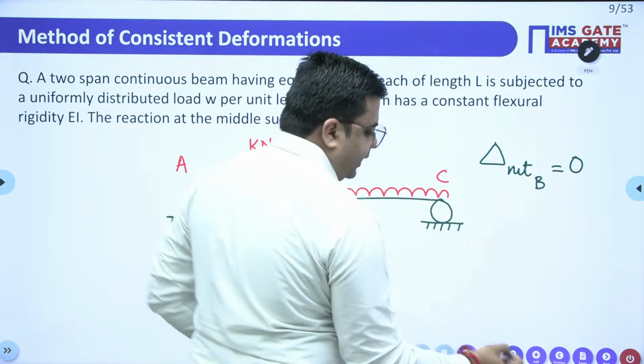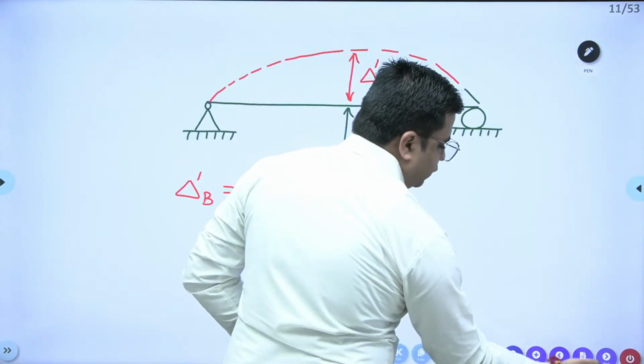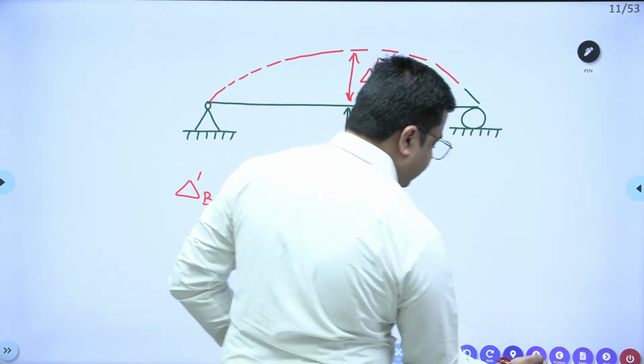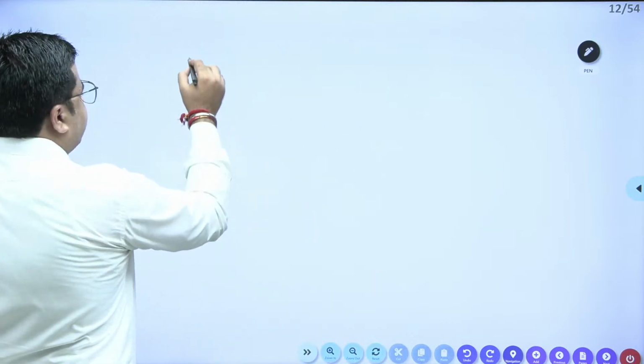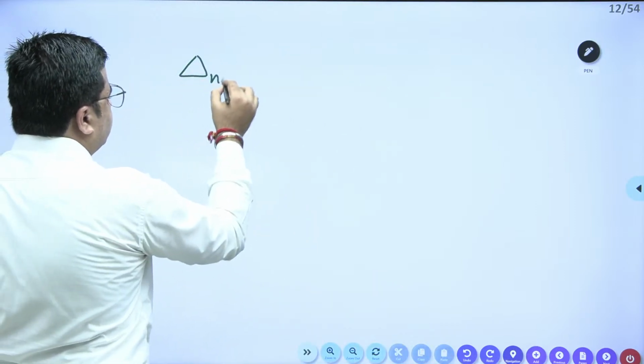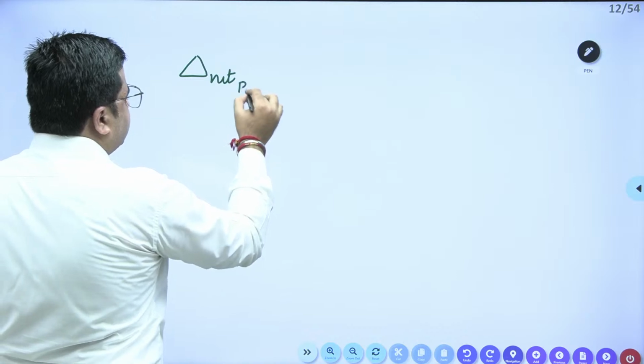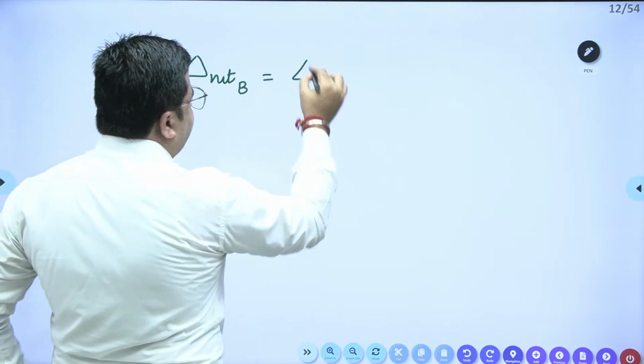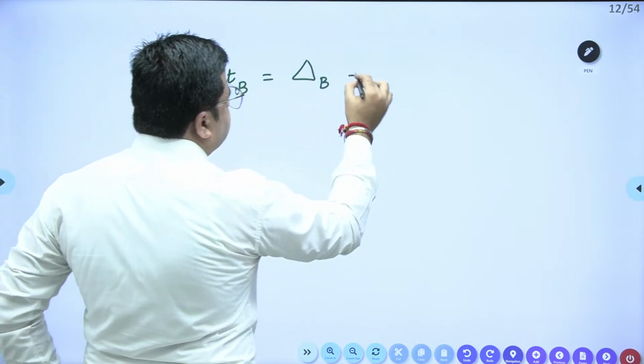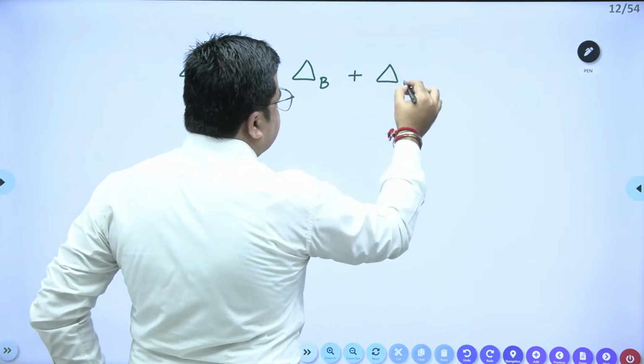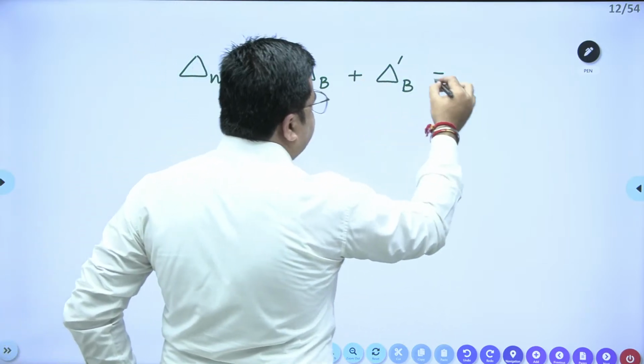The net delta at B is equal to delta B plus delta dash B. This has to be 0.